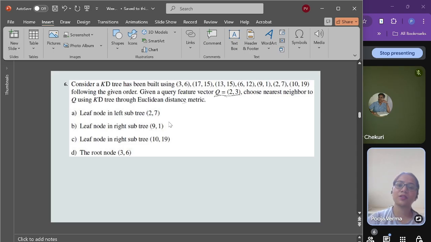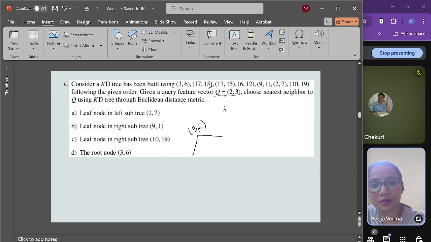So here first, in the given points, the first value is 3, 6, right? Let's say it is the root node. So 3, 6. Now we need to distribute into left or right. Next value is 17 and 15, right? First we need to compare based on the x value.